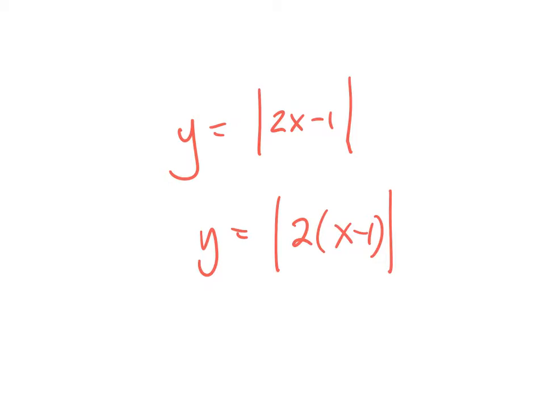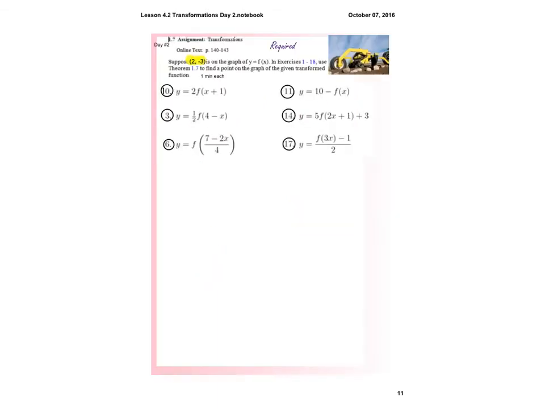Why? Because this one, since the parentheses are in there, is going to force me to do the 2 first. It's going to cut my values in half and then move to the right one. Versus this one is going to ask me to move to the right one and then cut it in half.